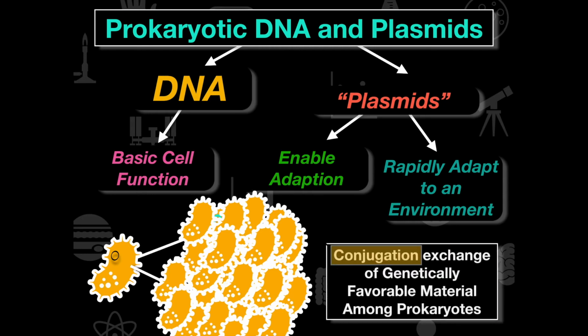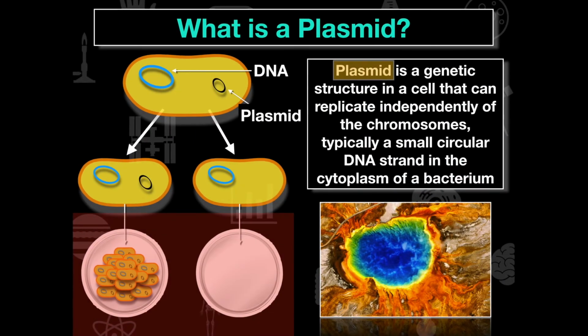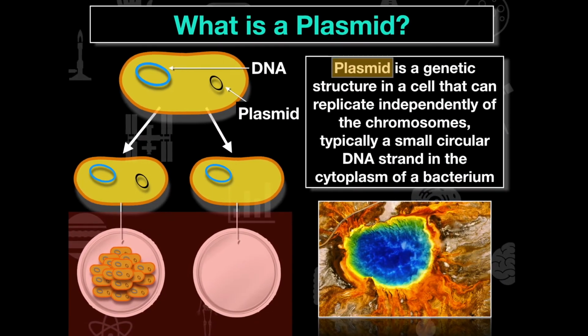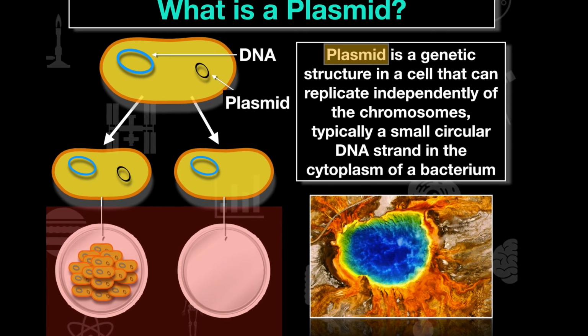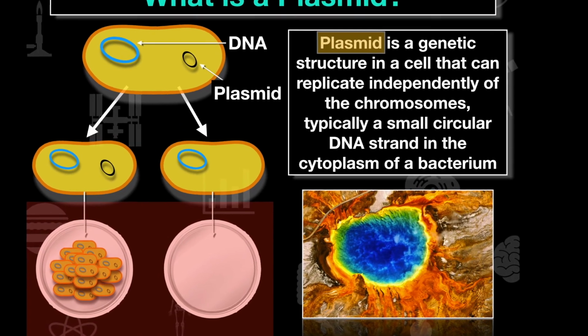So what we're getting here is a process where the plasmids are either randomly distributed through the bacterium, or we get conjugation, where we have an exchange of genetically favorable material among the prokaryotes. It allows the bacterium to adapt rapidly to new environments. And this is the reason that most likely we see these bacterium in these Yellowstone hot pools here.